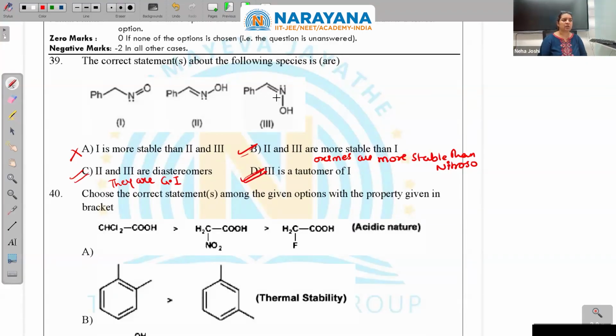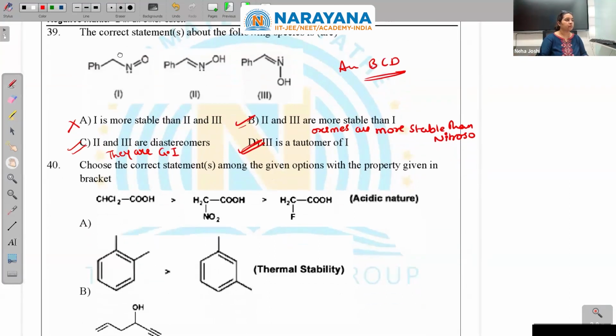It is oximino, and the original structure number 1 is nitroso. So there is nitroso-oximino tautomerism. Correct? So the answer for this is coming B, C, and D. I hope there is no problem in this one.